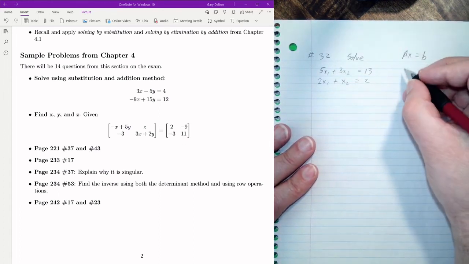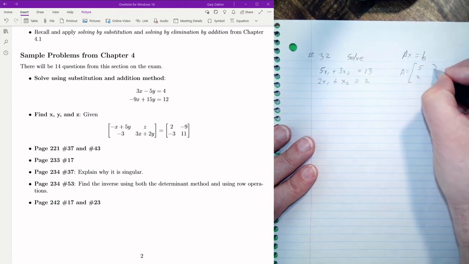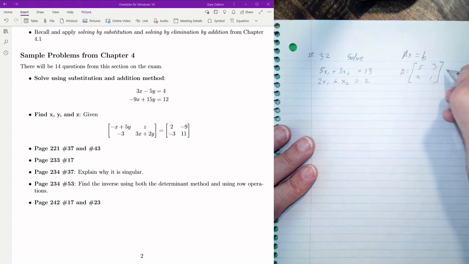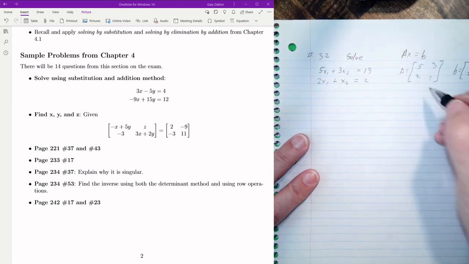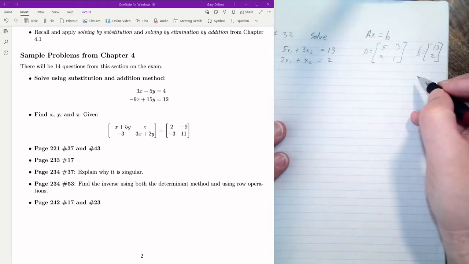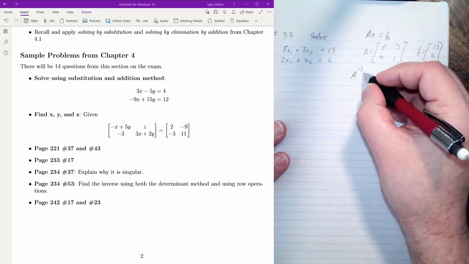If we set it up as a matrix equation, A equals 5, 2, 3, 1, and B equals 13, 2. Like I say, we're doing this a matrix equation way to begin with. So then we do A inverse.